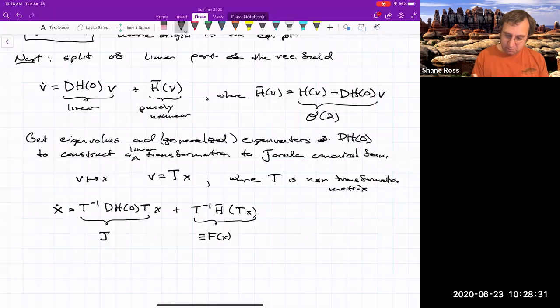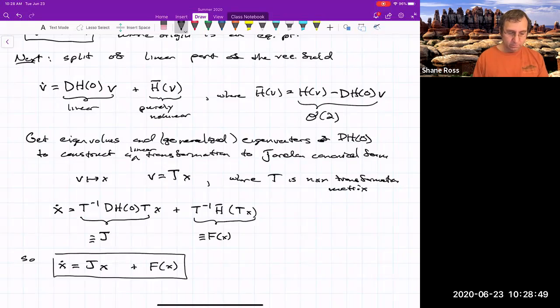So this defines f of x, this defines J. So the equation that we will work with is, we have simplified the linear terms completely. And that is the first step. So we've simplified the linear terms as much as possible.